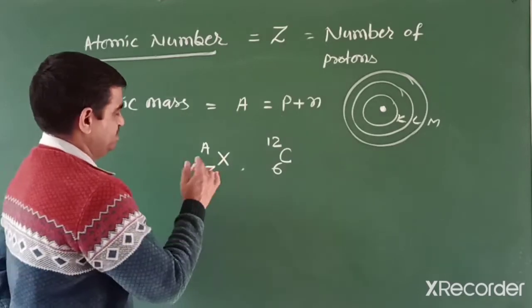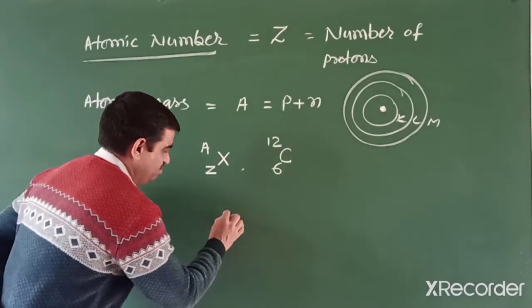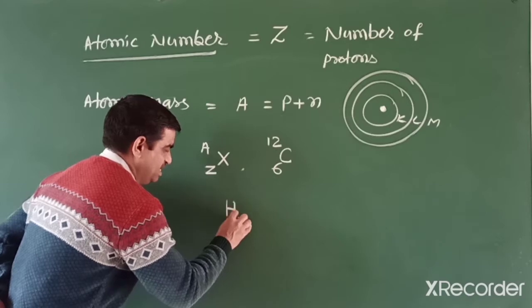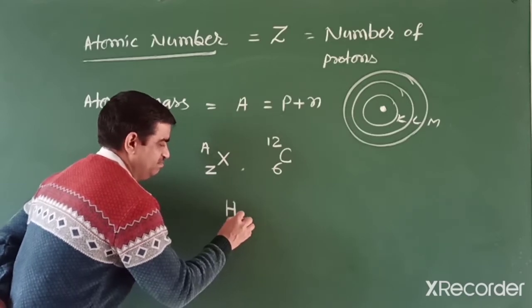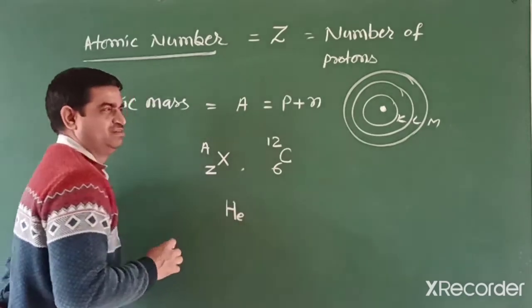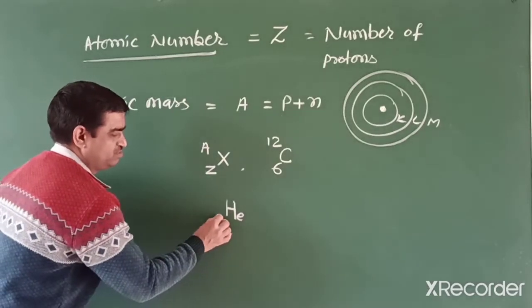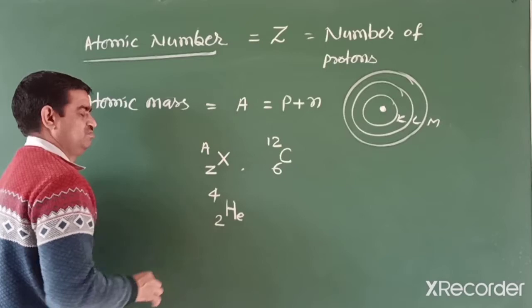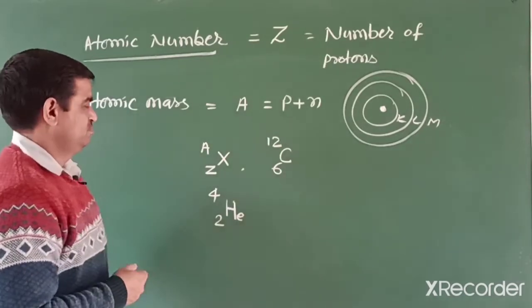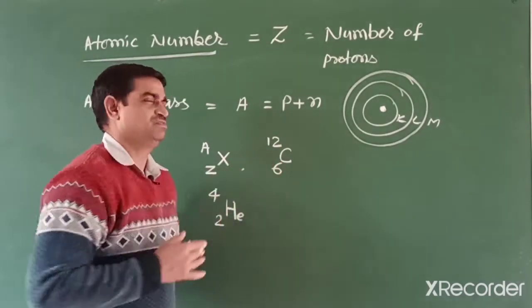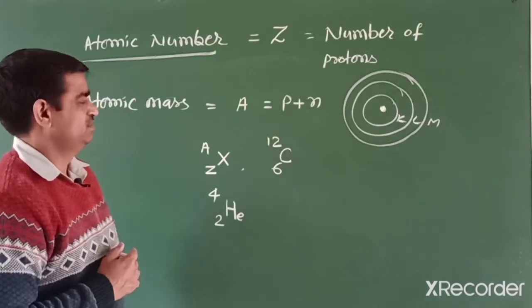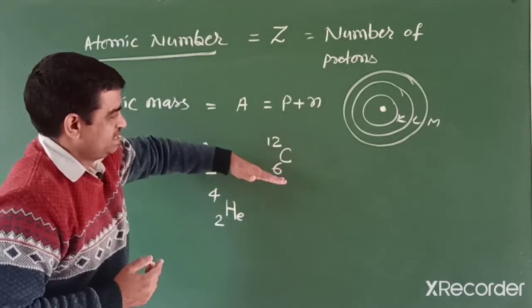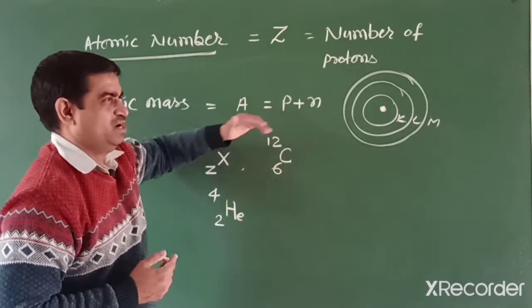Another example, helium. Helium's symbol is He, atomic number is 2 and mass number is 4. So we will represent many other elements in this way: atomic number on the lower side, mass number on the upper side.